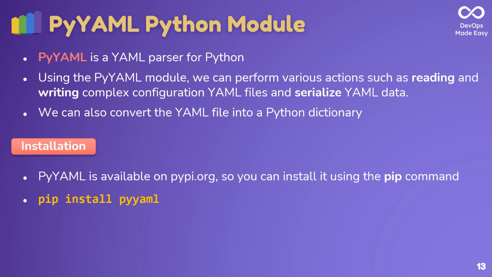All these operations can be done using PyYAML. For installation, PyYAML is available on pypi.org, so you can easily install it using the pip utility. pip is a Python installer, so pip install PyYAML will install the PyYAML module for Python.